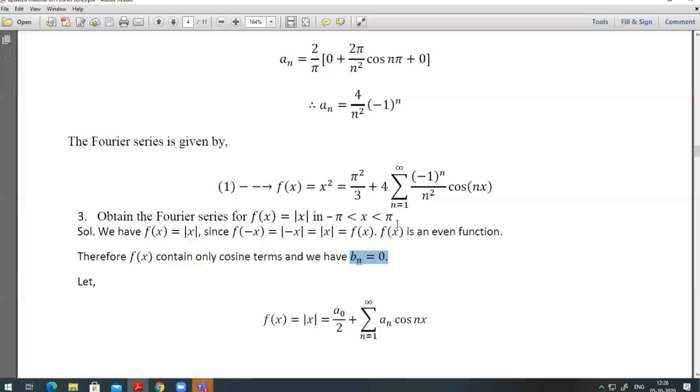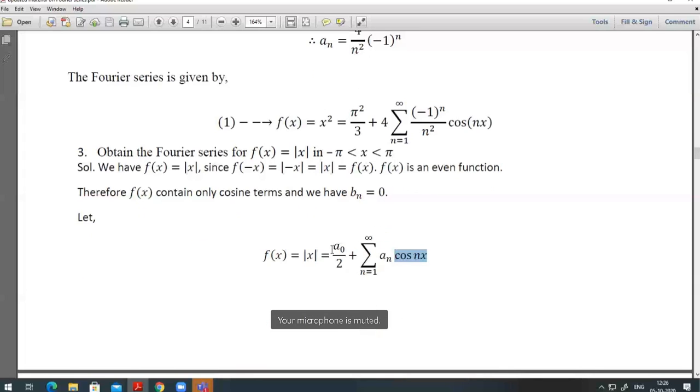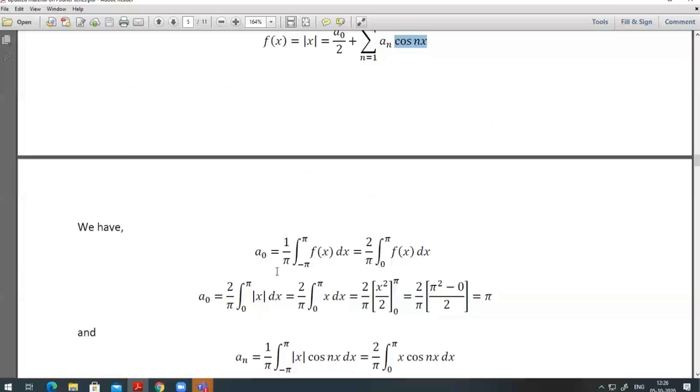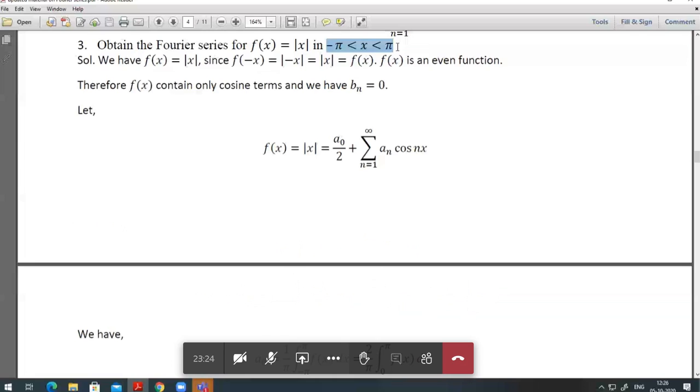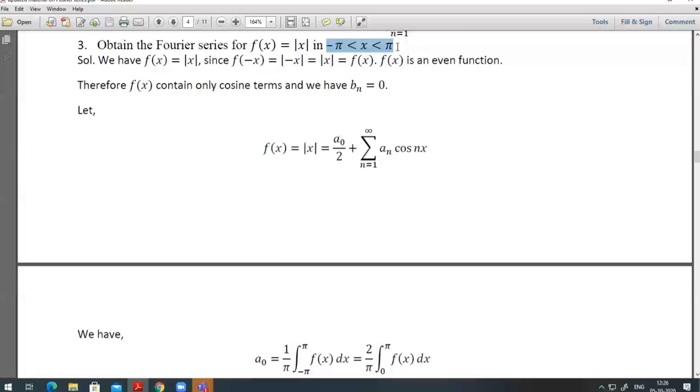Okay, so now compute a naught and an. a naught by definition is 2 by T integration from c to c plus T of f of x dx. Here the period is 2 pi, so 2 divided by 2 pi, limits from minus pi to pi, since c is minus pi and T is 2 pi.